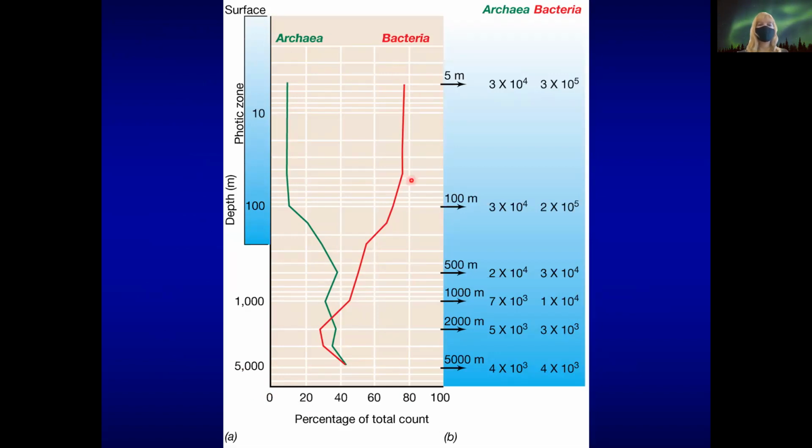There's a higher percent of bacteria compared to archaea, but then there's this inversion, so to speak, where the archaea start to dominate. It's not super dramatic, but at the deeper reaches, the archaea are better adapted. At least there are more species that seem to be better adapted and can dominate to some extent in the deeper depths. And then they're just showing counts on the far right. So that's a nice visual to get you thinking about some general rules of thumb, at least with those two domains.